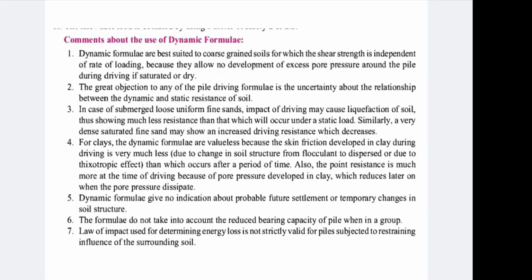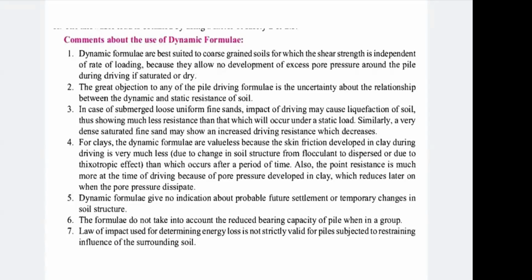Restraining means what we have seen as D1, restraining is nothing but रोकना, to stop something. The factor of safety cannot stop the influence of your soil, so you cannot determine the energy loss or energy dissipation in the dynamic formula.